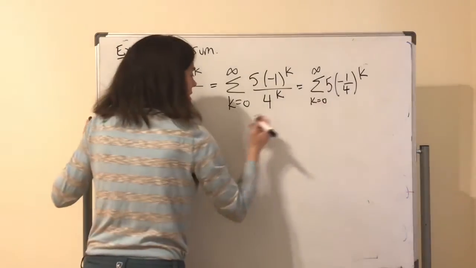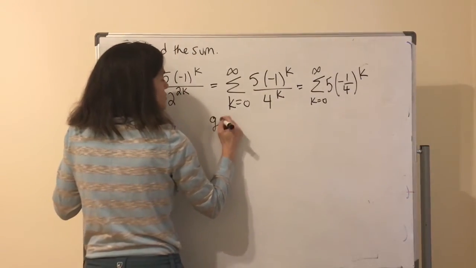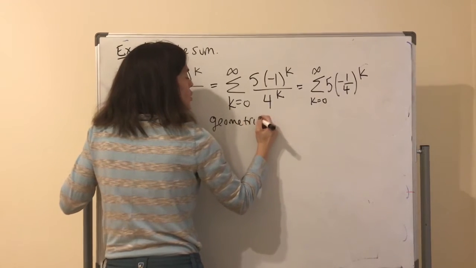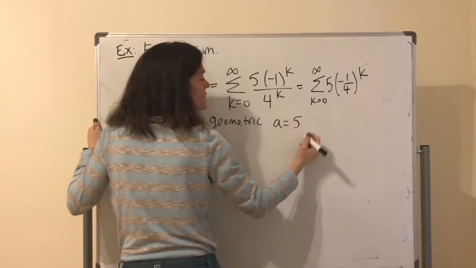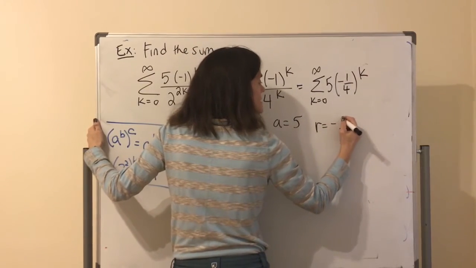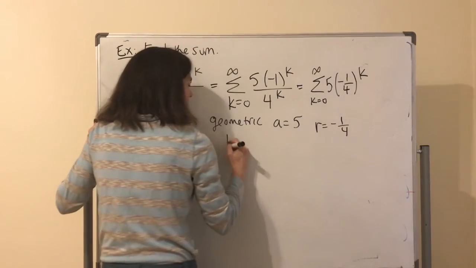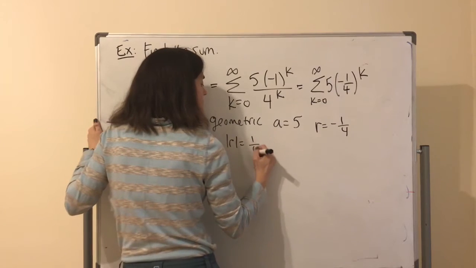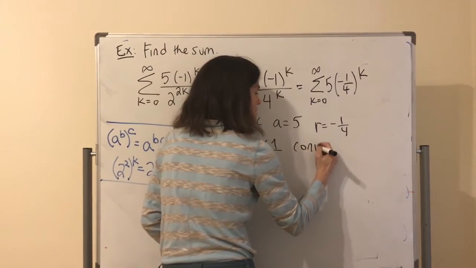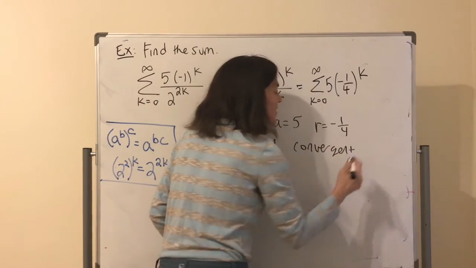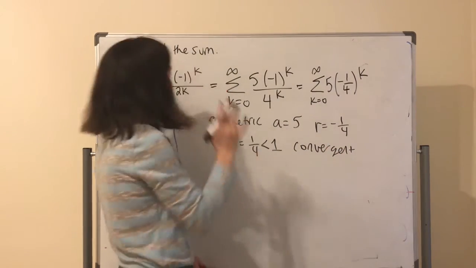Well, looking at this, we see it's geometric. We see a, evaluated at 0, is 5. We see the ratio r is negative 1/4. Absolute value of r, positive 1/4, is less than 1. So it is convergent. Well, I would certainly hope so, because we're told to find the sum, right?